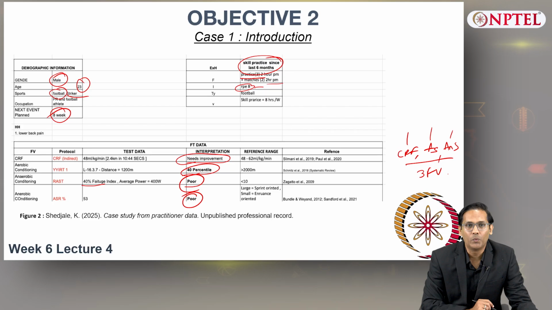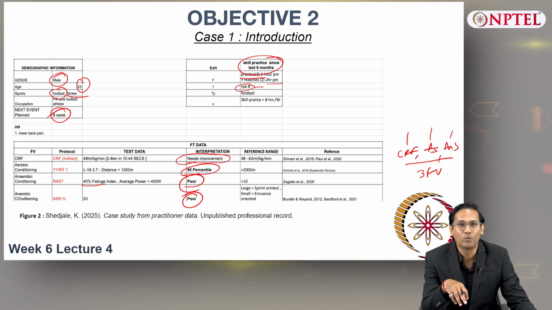Now, with this ability, this football player is not able to perform high intensity repeated activity, which is demand of his sport for his level. And we have 2 months, 8 weeks to improve that ability.